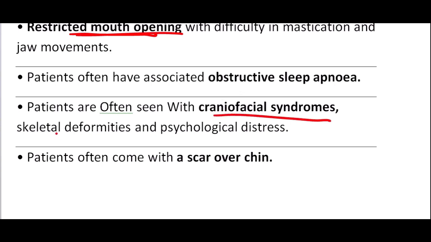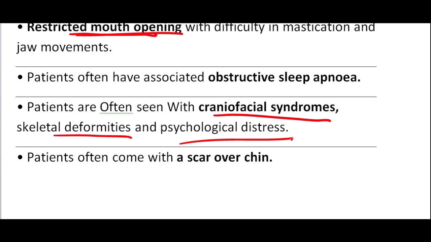Patients are often seen with craniofacial syndromes, skeletal deformities. These all can involve the abnormal growth or development of the facial bone that can impact the TMJ structures or the function.